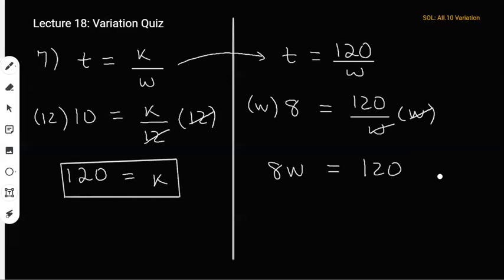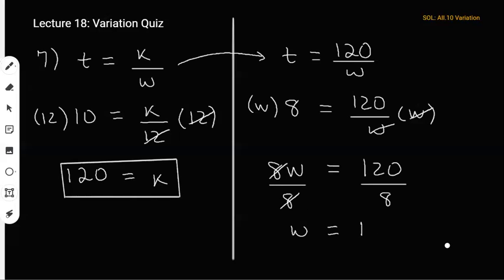So now to get the variable by itself, I need to get rid of the 8. And I'm going to do that by dividing both sides by 8. So I get W is equal to 120 divided by 8. I know that 8 is going to go into 12 only once with a 4 left over.